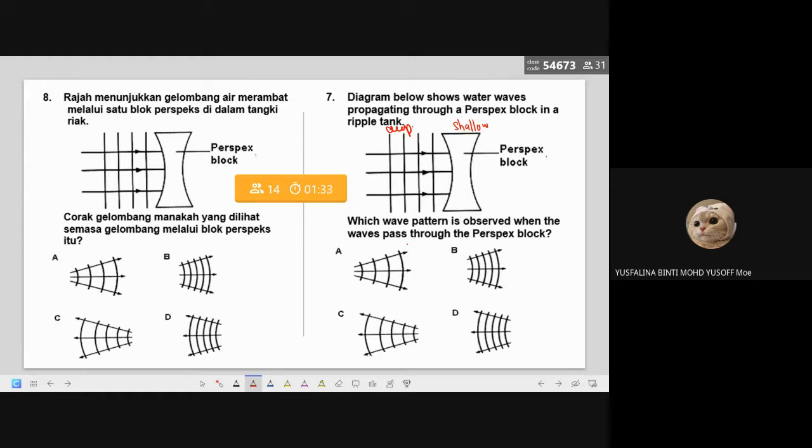Some of you said A, some said B. I give 15 seconds more.